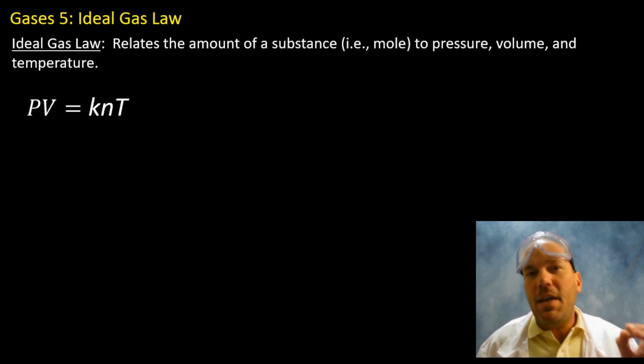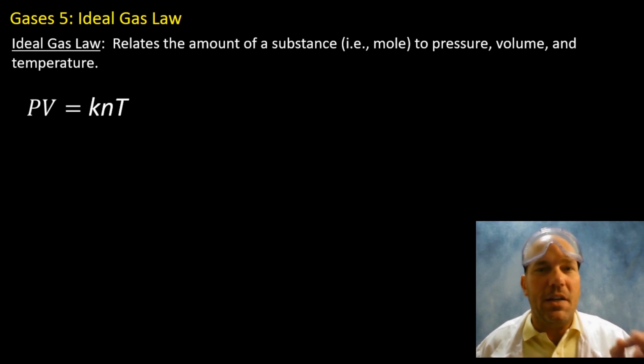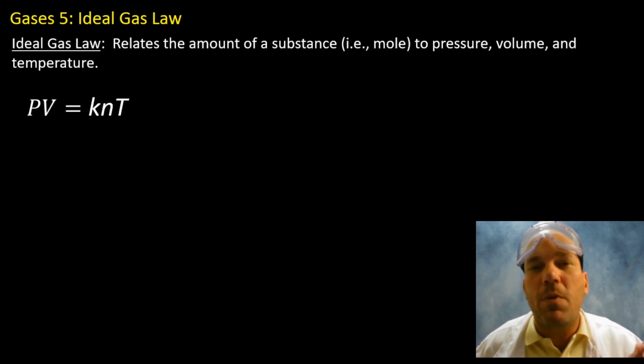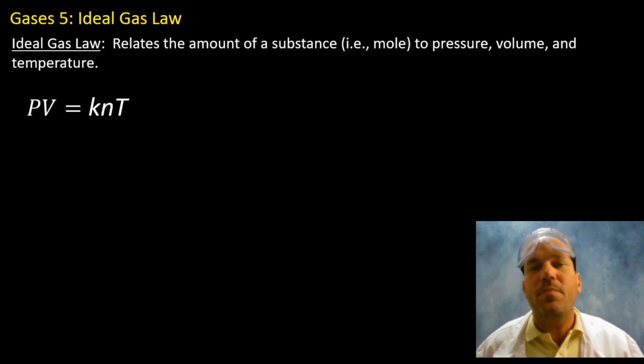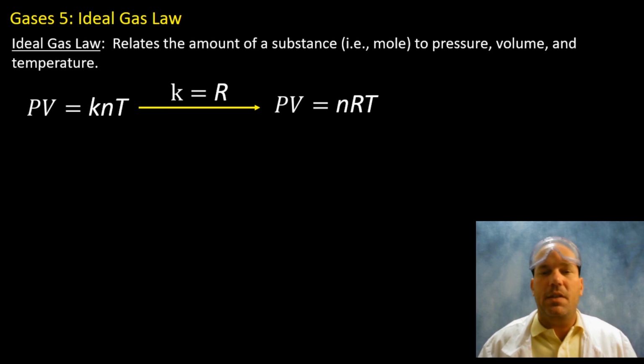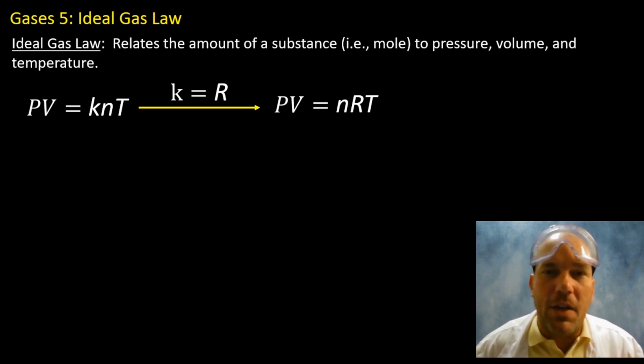Now, the ideal gas law constant is explicitly represented with a capital R. So if we take what we derived in the last video and we substitute a capital R for the K, we get the gas law constant expressed in terms of the ideal gas law.